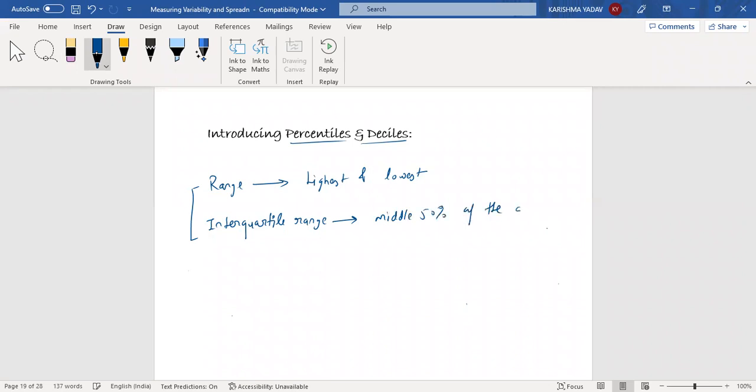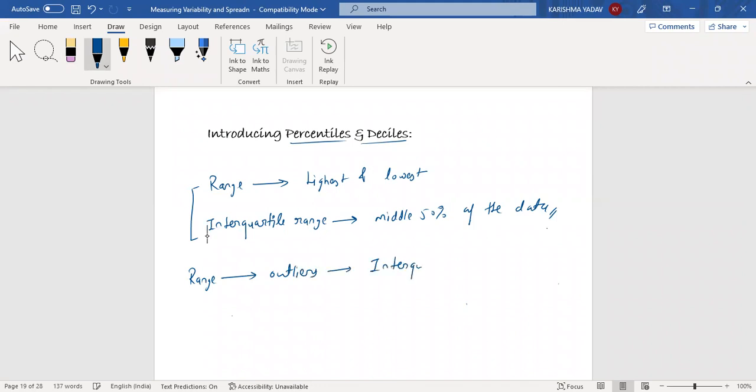Now the question arises: are these the only sorts of ranges we can use to know the dispersion of the data? There are other sorts of ranges. Because the range is so sensitive to outliers, we came up with the concept of the interquartile range.